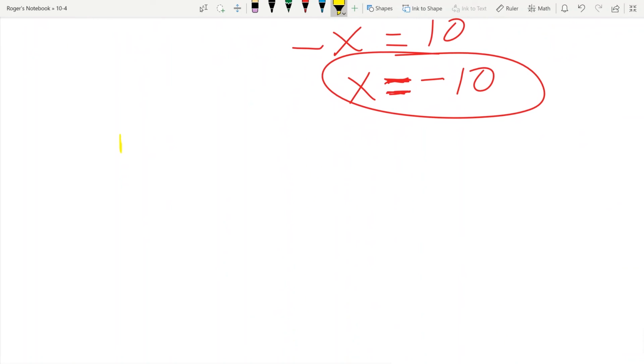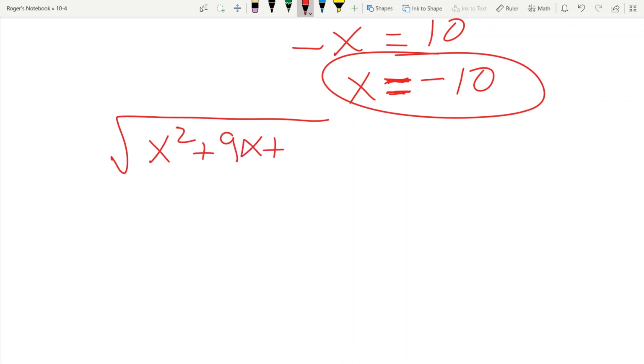We have the square root of x squared plus 9x plus 15 equals x plus 5. If I plug in my value of x here, it's negative 10, right?